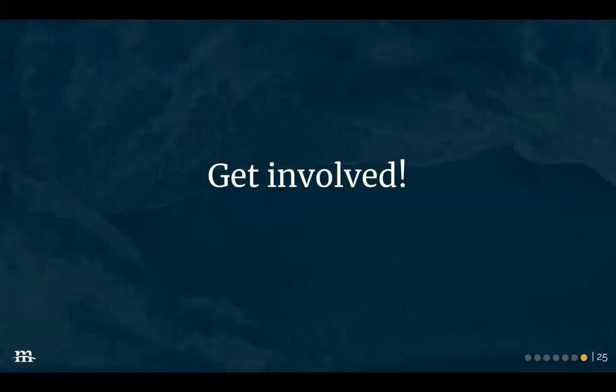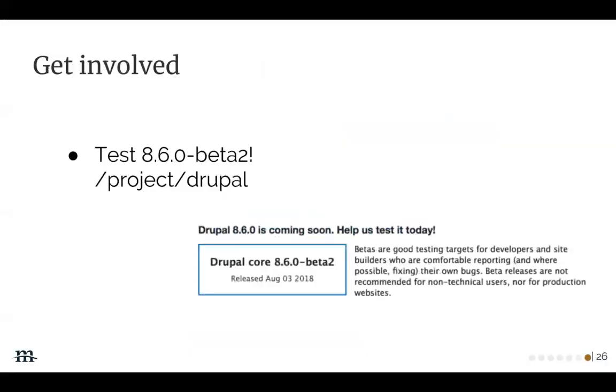So with a couple of weeks to go, there's still time to get involved. As mentioned earlier, you can start testing your sites now. Anything you have on 8.5 or 8.4 if you haven't updated yet, or 8.3, though hopefully not.